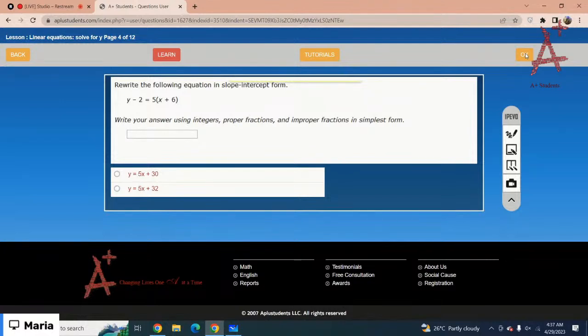Okay, the next one is y minus 2 equals 5 times x plus 6. So which is the correct option? The correct option is y equals 5x plus 32.